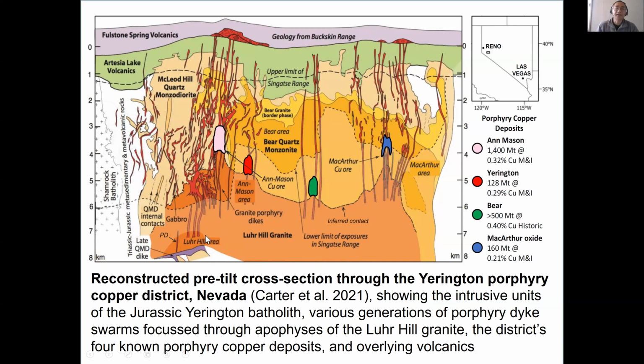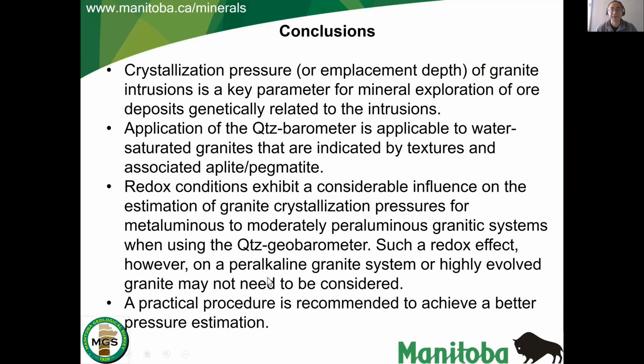Finally, I will just give you the conclusions. Crystallization pressure is the key parameter for mineral exploration genetically related to intrusions. When you apply this parameter, the system should be water saturated, and that can be assessed from field texture, mineral assemblage, or associated aplite or pegmatite.